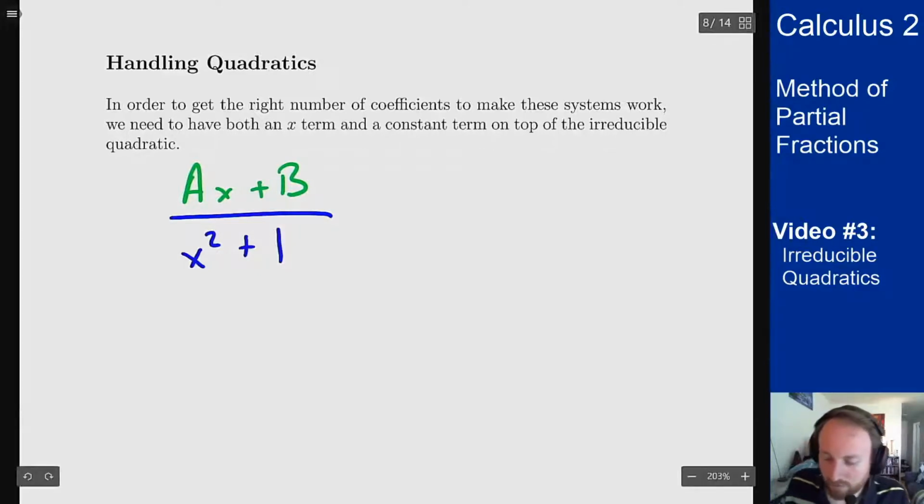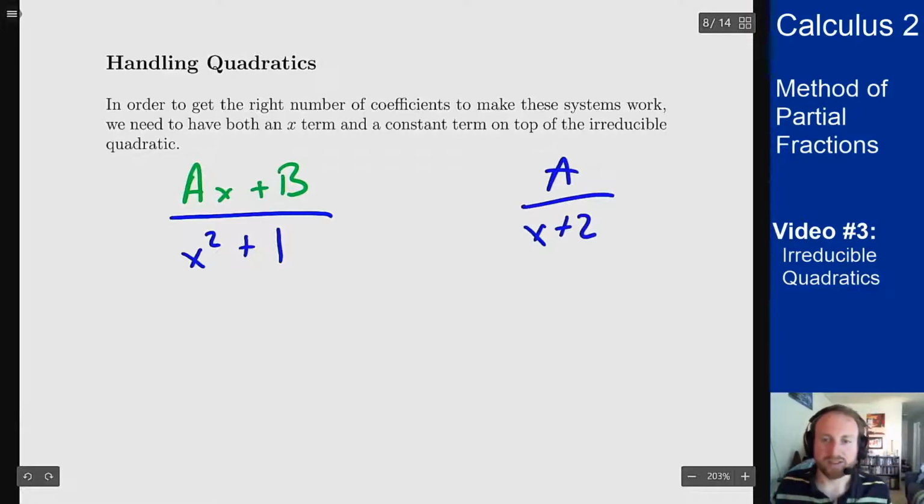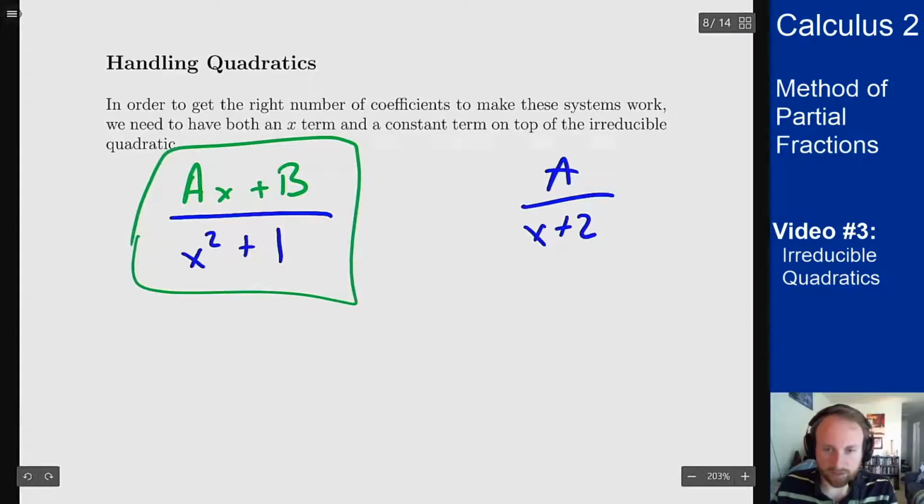From before, when we had something like a over x plus 2, that's degree 1 on the bottom, and the only thing that can go on top is a constant. I don't have any more degrees to play with, but for quadratic terms, I need these two terms here. This lines up with the fact that the degree on the bottom is 2, and I have two coefficients on top. Degree on the bottom is 1, I have one coefficient on top, and that's how it's going to be for all these different things.